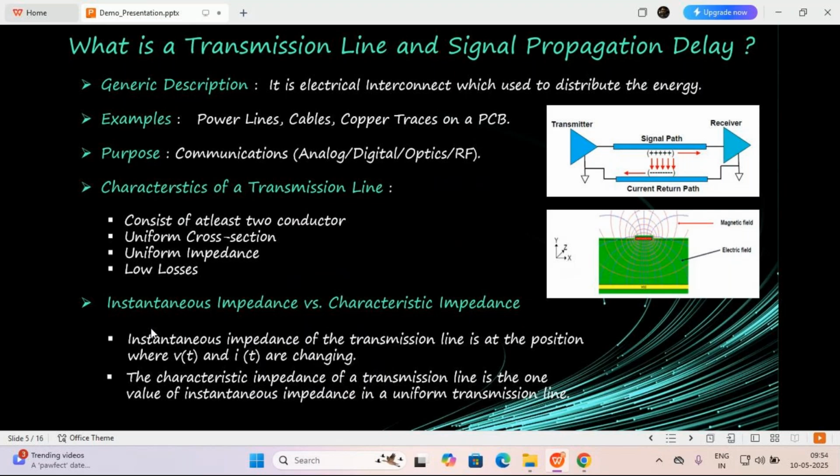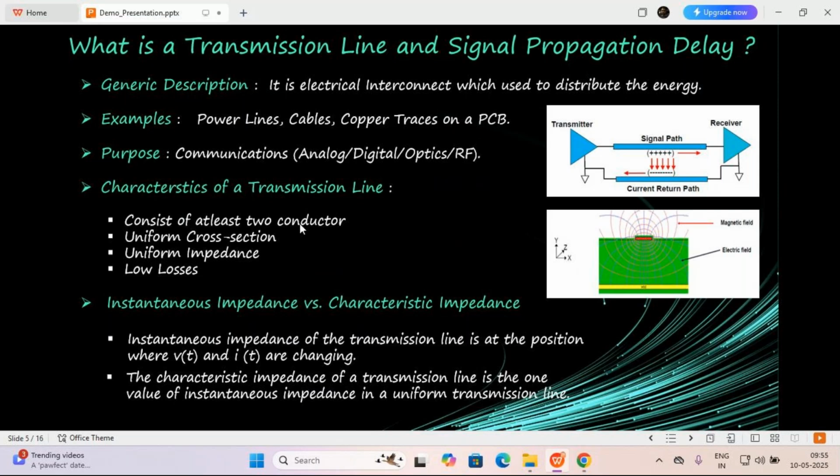With this we complete our circuit, and the signal flows from conductor A to B through the signal path and returns back from B to A through the return path. So that is why it is said, regarding the characteristics of a transmission line, it consists of at least two conductors. The first conductor is to take the energy from point A to point B. The second is to bring it back from point B to point A so that the circuit gets completed.